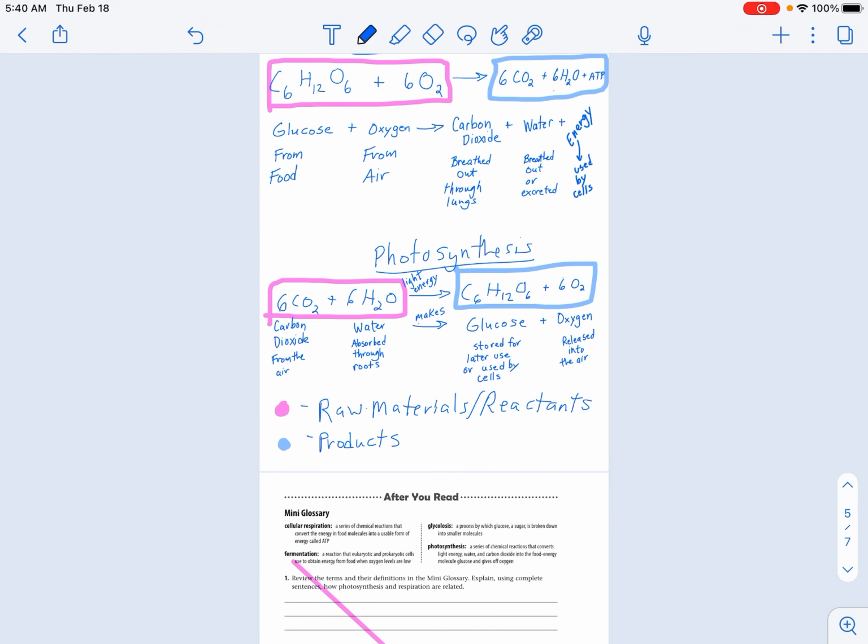I just wanted to point that out to you. Some of you, it may have been obvious that the stuff that's after the arrow, that's a product that's produced. But if it wasn't, hopefully this points that out to you.